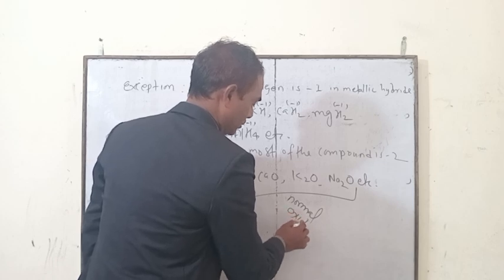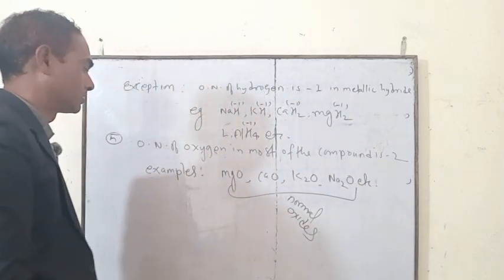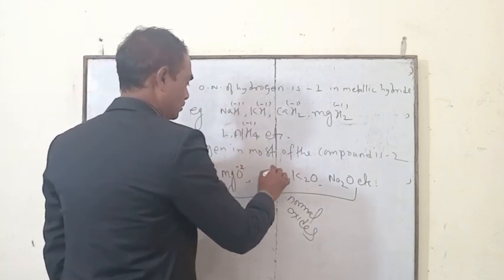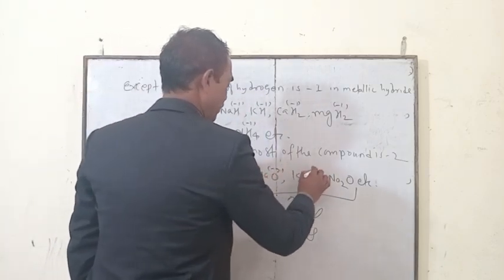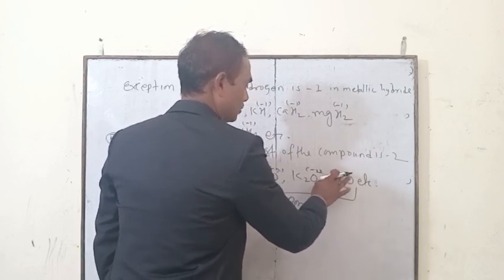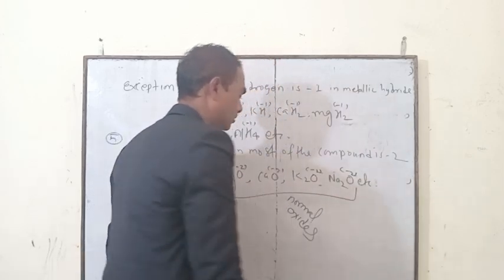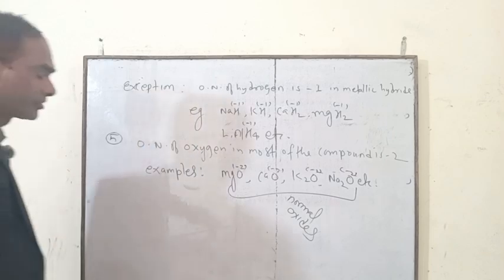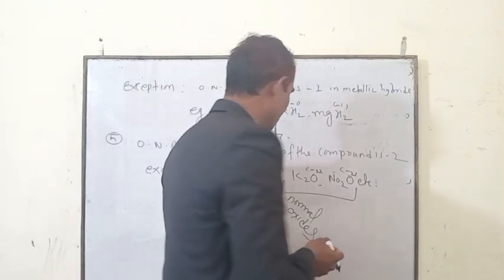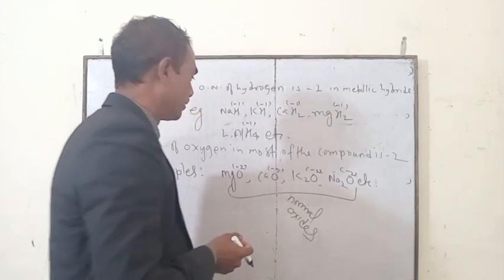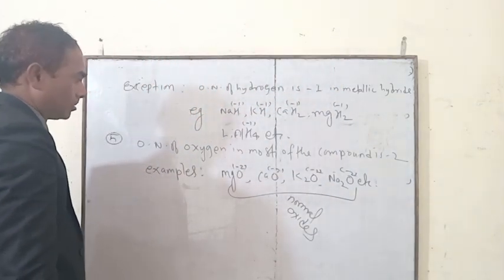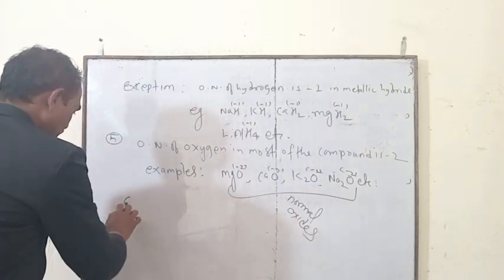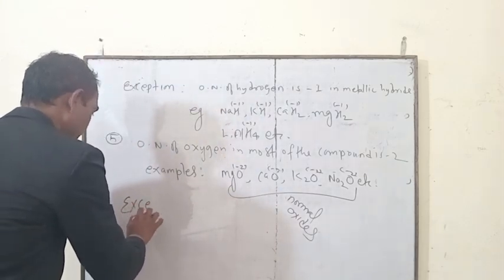In these oxides, oxidation number of oxygen is -2. But oxidation number of oxygen in its peroxide compounds is -1. Exceptional cases.